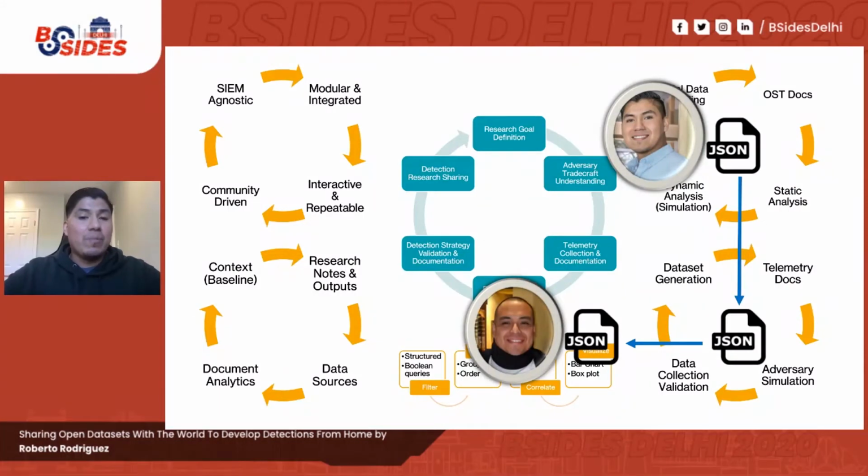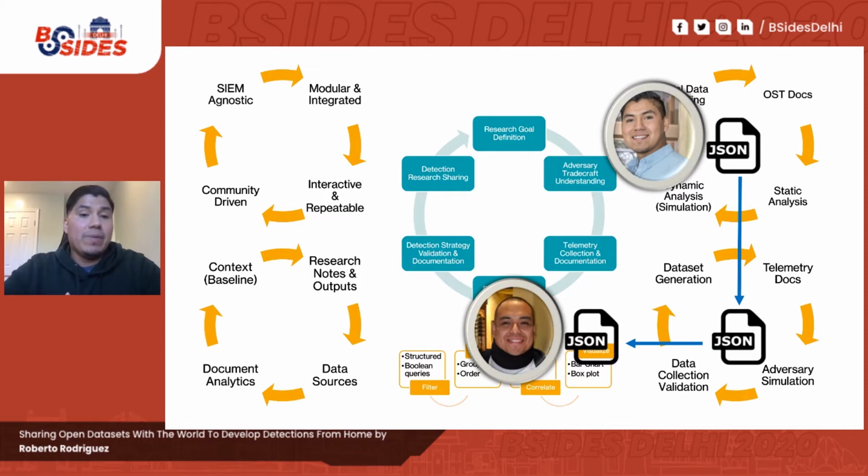At the end of the day, with the Mordor dataset, for example, my brother, who is over there at the bottom, his name is Jose, and his handle is Cyber Panda H, in case you want to follow him. The awesome thing about this project is that it also started with us helping each other. It started with me saying, hey, I have this data set, and you're actually good at analyzing data, because his background is more in the data analysis, data science aspect of InfoSec.